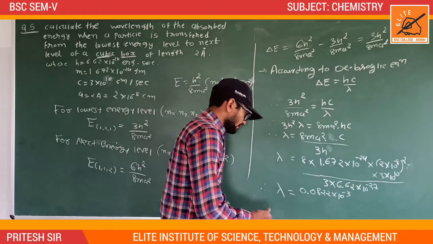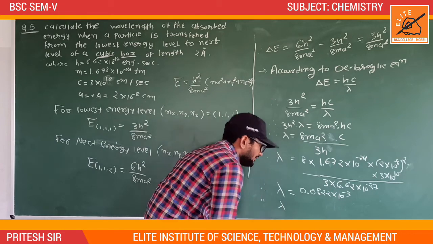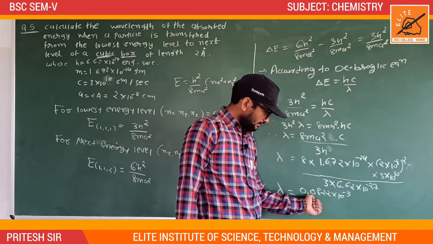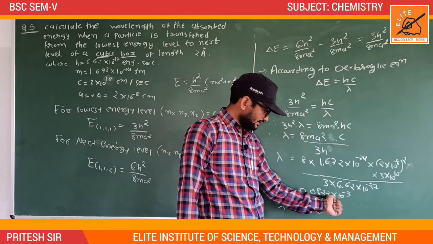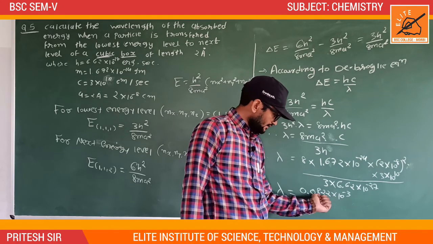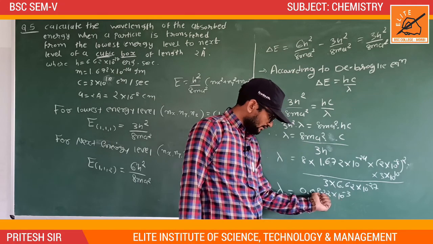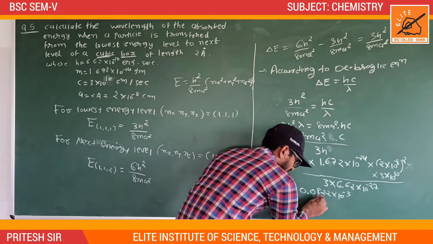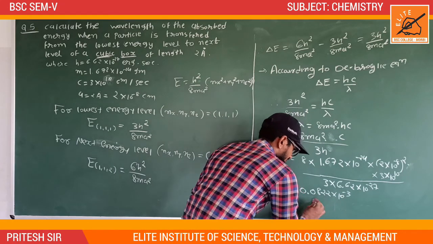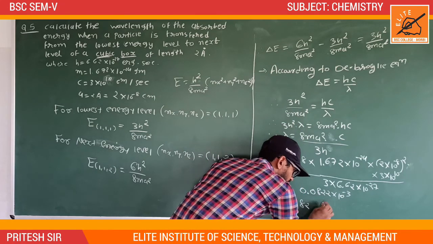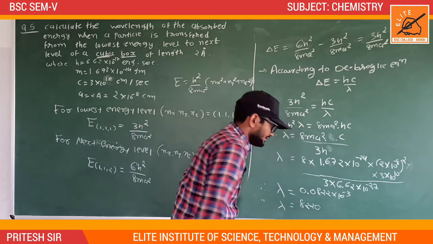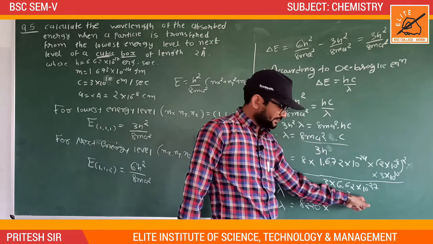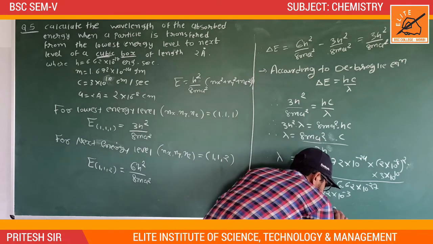Now if I move 5 points in the right direction, the value of this term becomes 8220, and 10 to the power minus 3 minus 5 becomes minus 8.